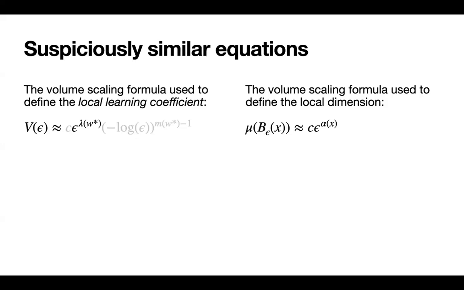I don't want to make a wrong statement here, but the way Watanabe does it is you take the limit of log of v of a times epsilon divided by v of epsilon, over log of a, where a is just any constant which is not one.